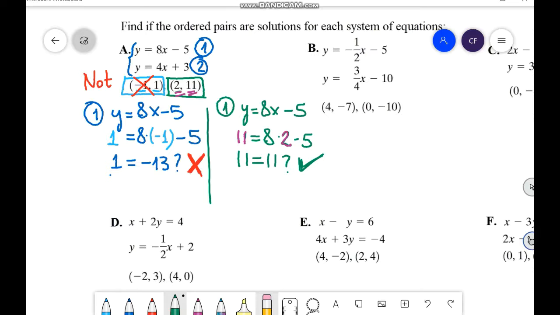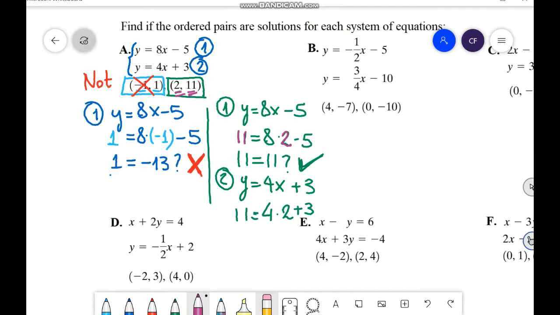Great. Now the second equation. Y equals what? 4x plus 3. Plug in y equals 11 and x equals 2. The second equation is 4 times 2 plus 3.